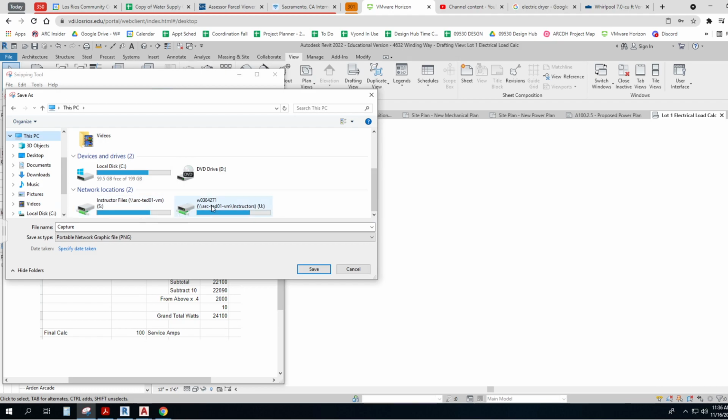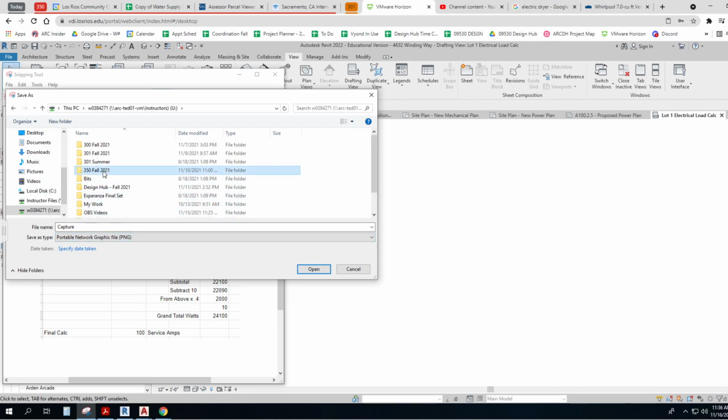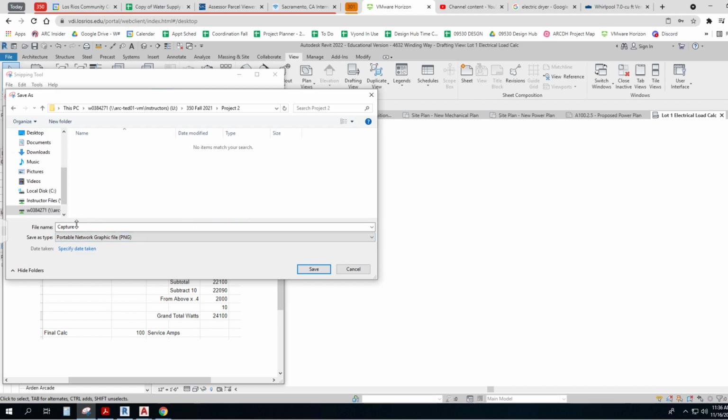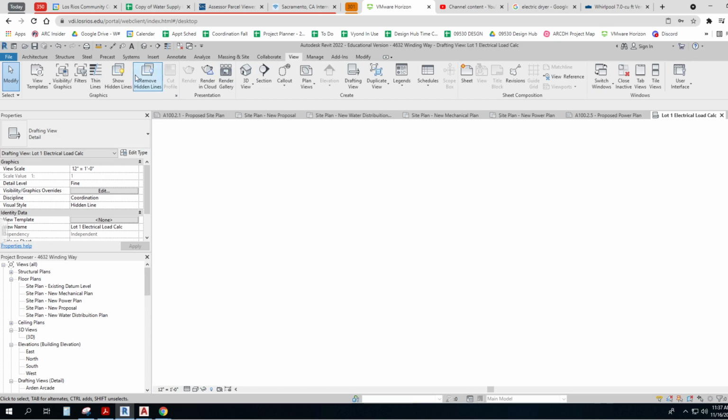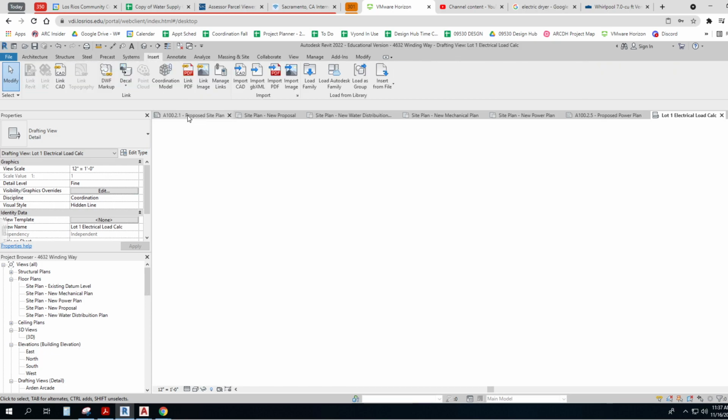And you'll do this for each one. Lot 1, electric load. And so now I think I can insert that.